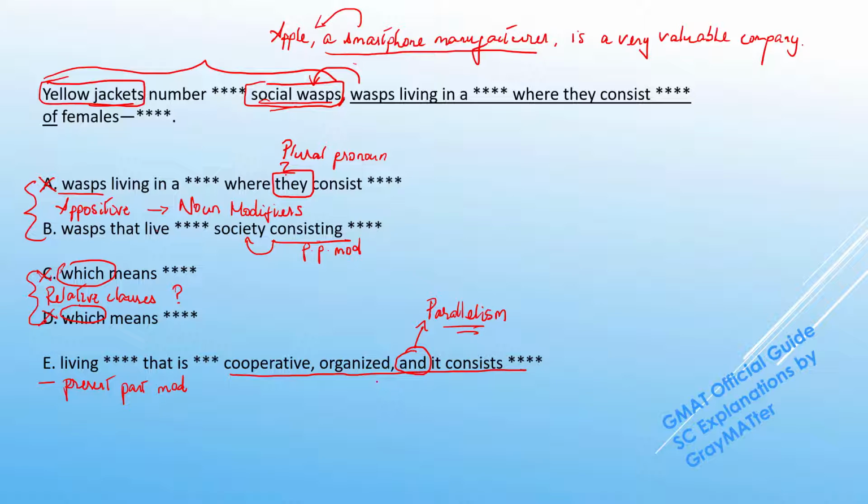So this and is connecting a list of items, and we can see that we have certain adjectives that the society is cooperative, organized, and it consists of. We have a pronoun and a verb here and not an adjective, which means this is not a proper list. This breaks the parallelism, so E goes off. So our right answer choice here is B for Bravo.